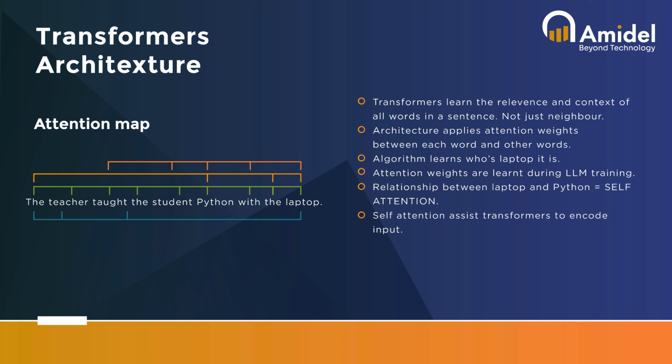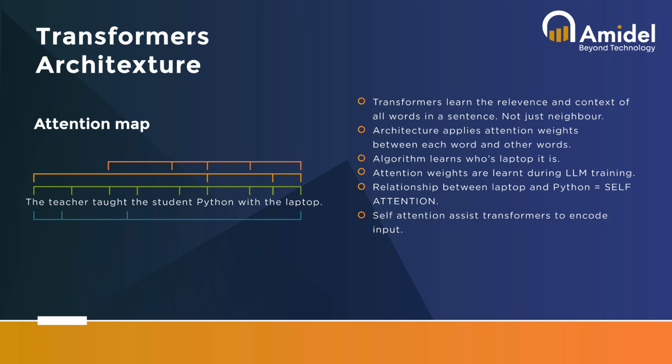This is an attention map, and this is what transformers do, and what previous RNNs couldn't do. They would see Python with the laptop, but they wouldn't know if a teacher or a dog or someone taught a student Python with the laptop.